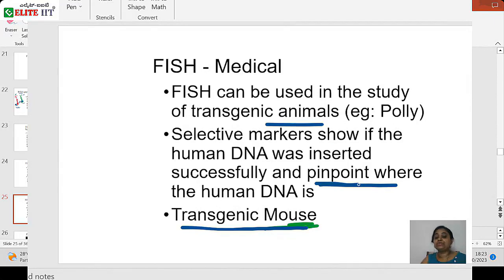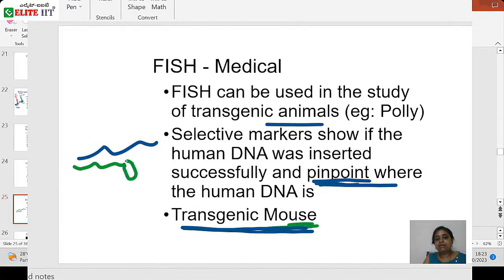You can visualize exactly in which position this gene is present. If you are inserting one gene which is coming from a human being, in situ hybridization is so beautiful. You can very easily identify that gene inside the transgenic mouse. You can pinpoint it because you are using a probe against that human gene. You already have the sequence of the human gene and you can design a probe.